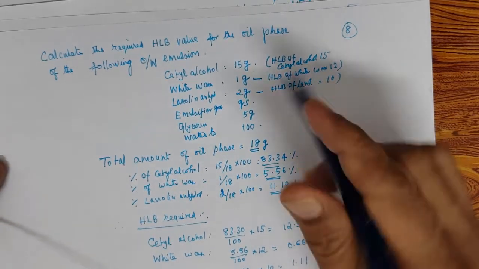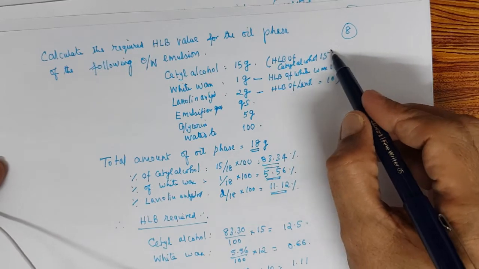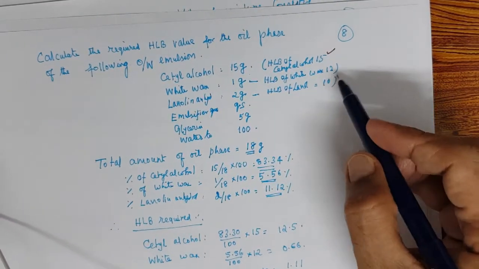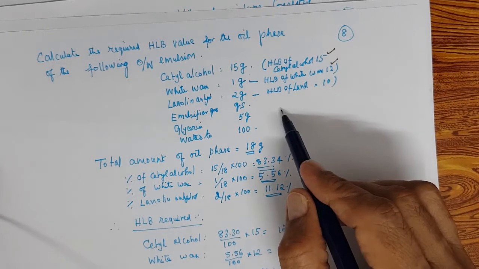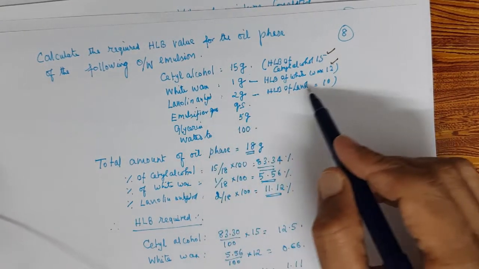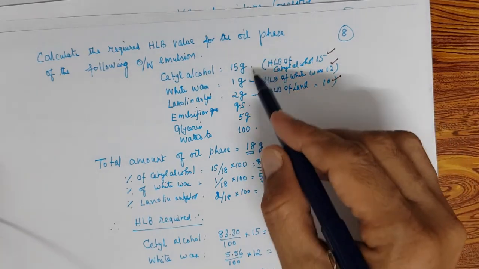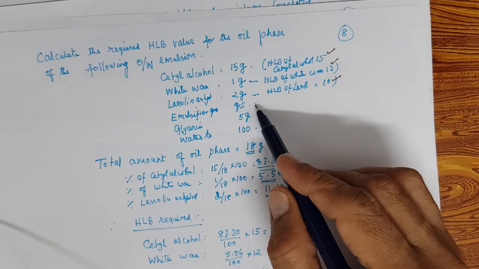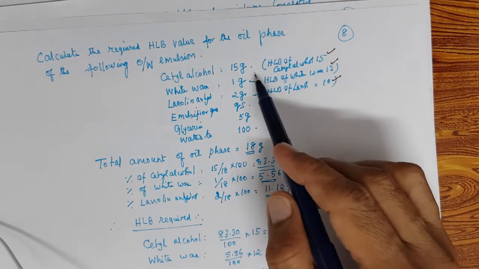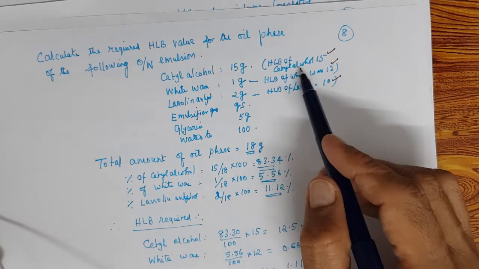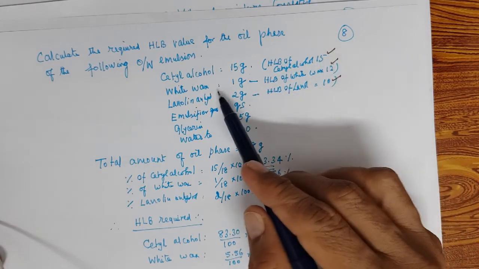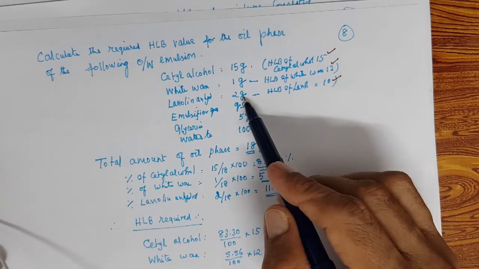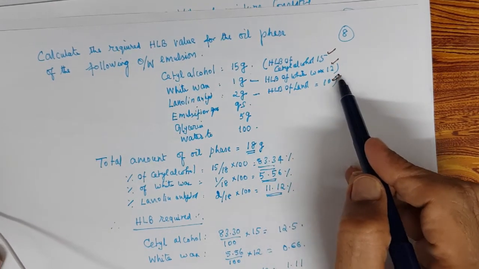So for example, cetyl alcohol HLB is 15, white wax or paraffin wax HLB is 12, lanolin anhydrous HLB is 10. So HLB is relevant only for the oil phase. You need not include the emulsifier content, just the oil phase, right?